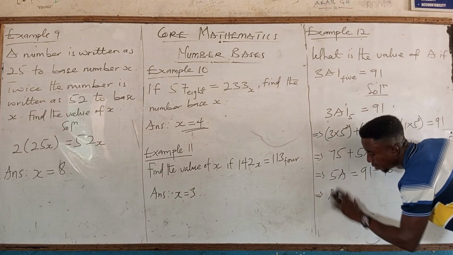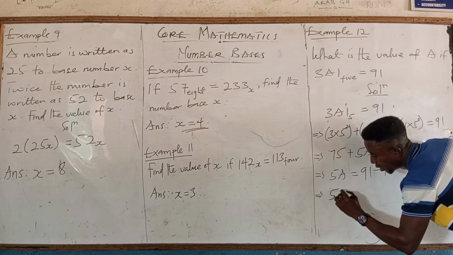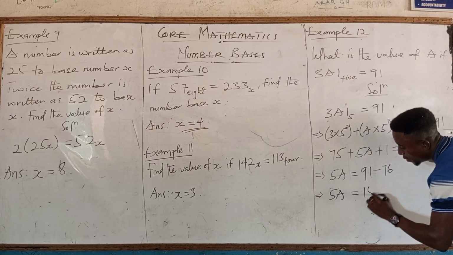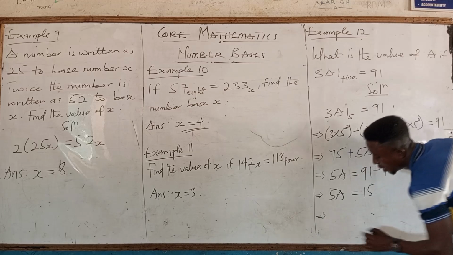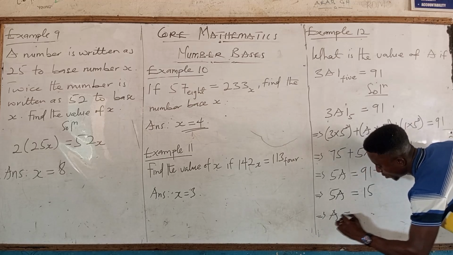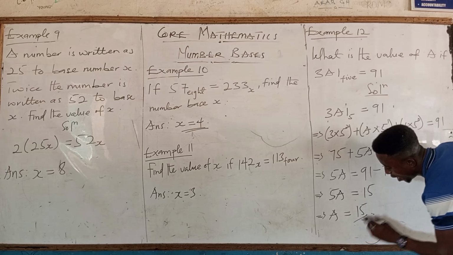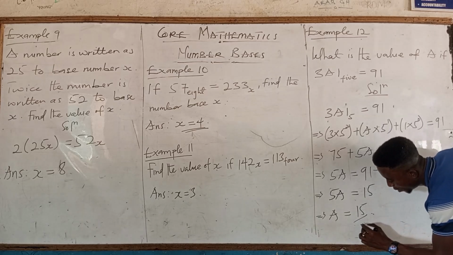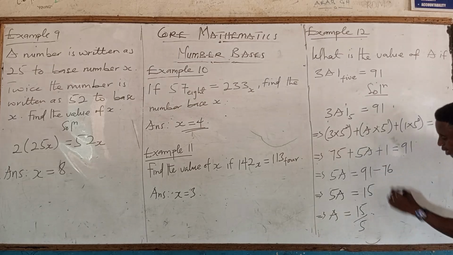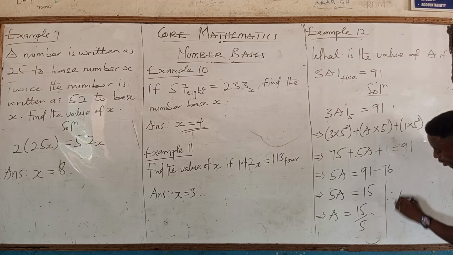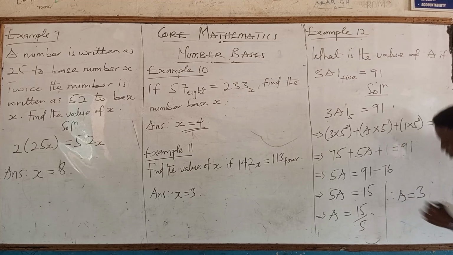So I'll have 5A, which is equal to 15. Then this implies that A is equal to 15 divided by 5. Therefore, A is equal to 3.